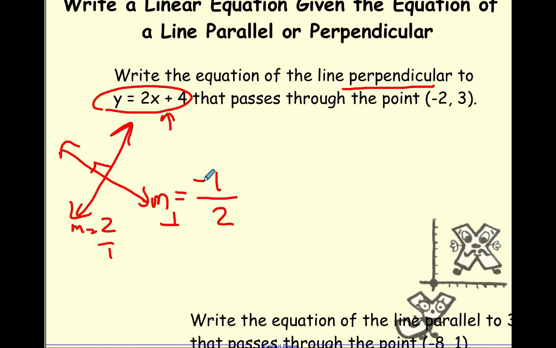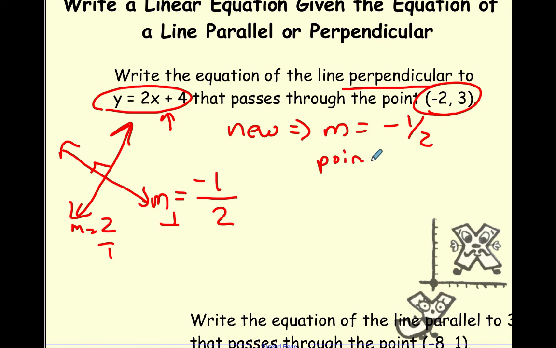So they're opposite reciprocals. The new line has a slope of negative 1/2 and passes through the point (-2, 3). So let's go from there.